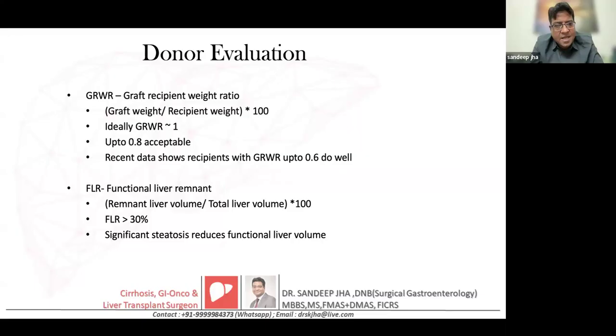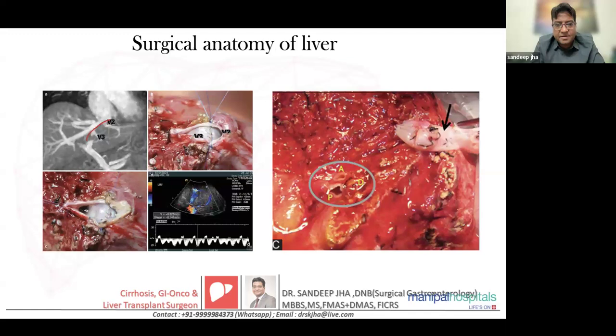Ideally, the GRWR is 0.8, and on the donor, 30% of the liver should remain for the donor to be fit to donate. CT, triple phase evaluation, along with liver volumetry is what gives us all this information for proceeding with a living donor liver transplant.